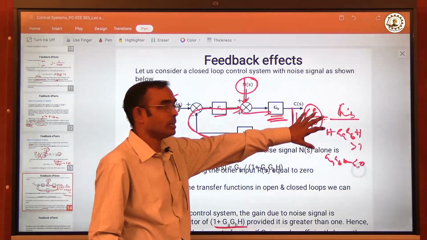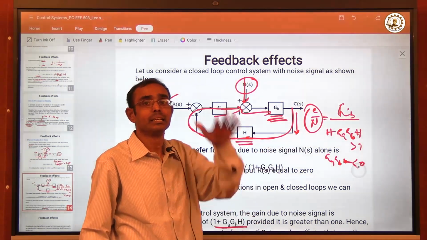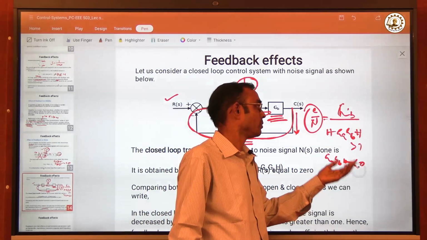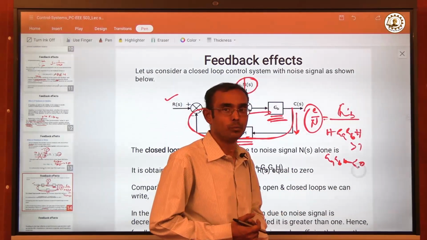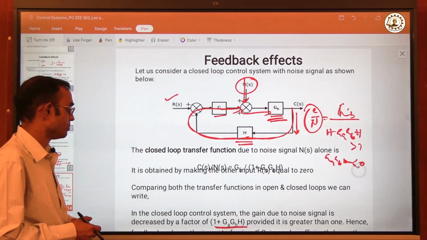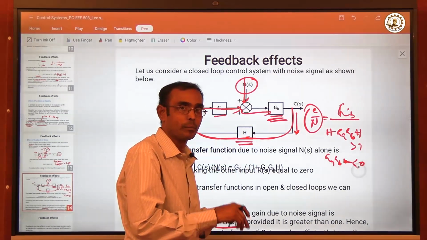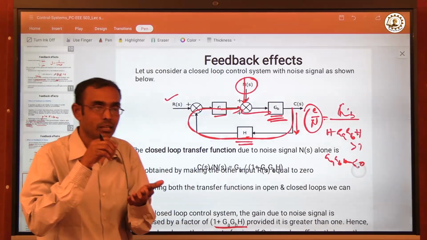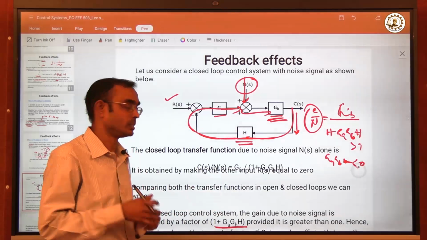That means the overall gain of the whole system due to noise signal is reduced if 1 plus GA GB H is greater than 1, or GA GB H is greater than 0. So therefore, we can conclude from here that the noise signal which is disturbing the whole process, by way of connecting through a feedback, we are able to reduce the effect of noise on the system.